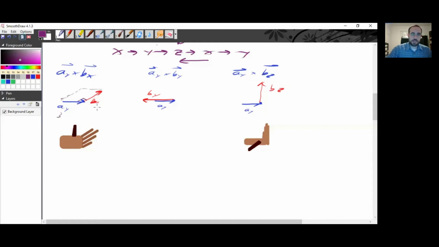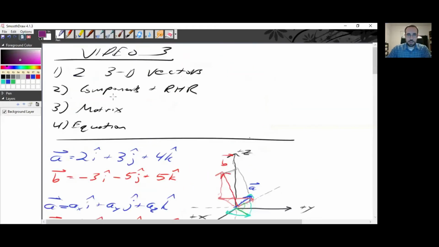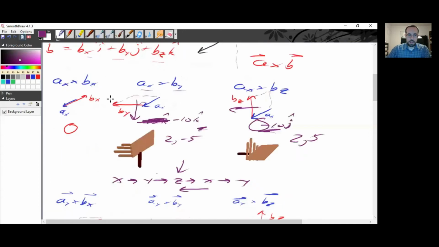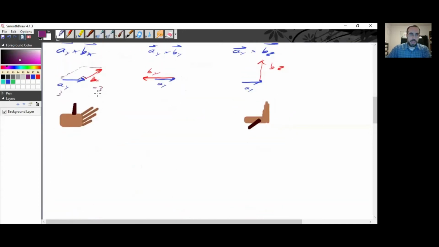This is negative 3. Yep, that's negative 3. And so I'm clearly going to get 9 as the size, but my thumb here, according to the right-hand rule, says that this is pointing up. So strangely enough, I get 9 k hat here. How does that work out?